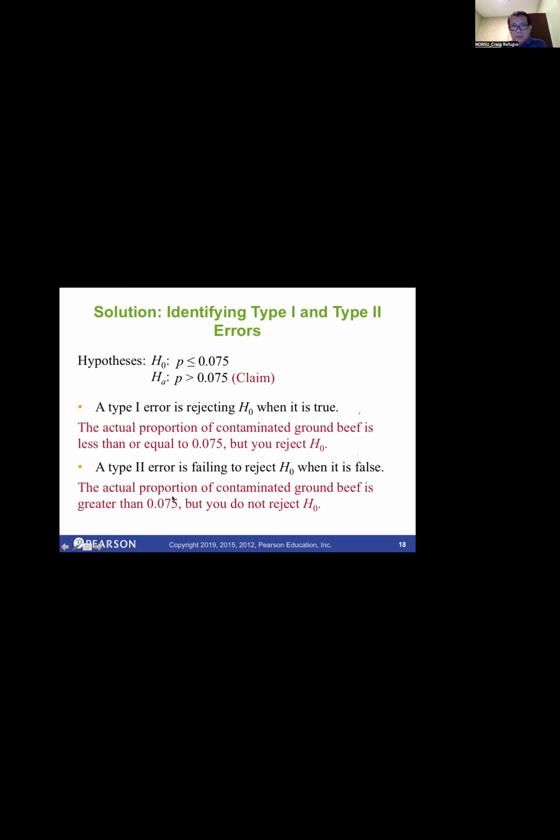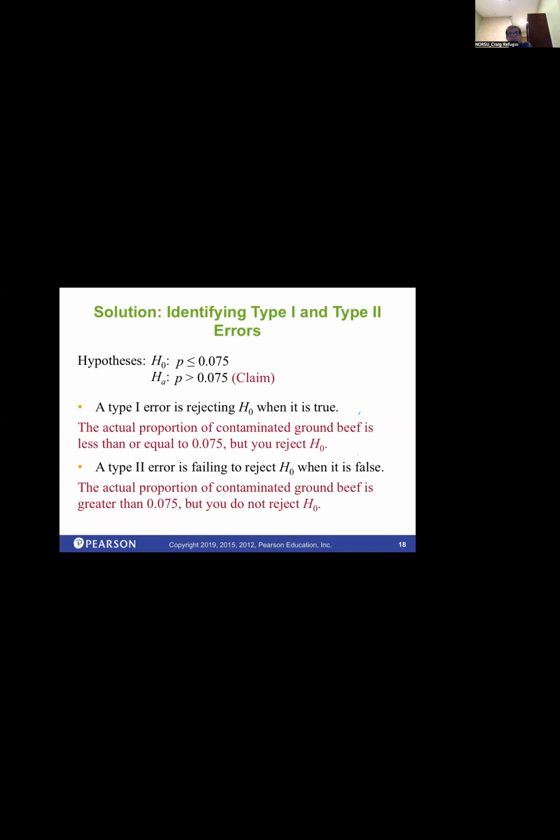So this is our type 2 error. We define type 2 as you do not reject HO even if HO is false. You fail to reject HO even if HO is false.